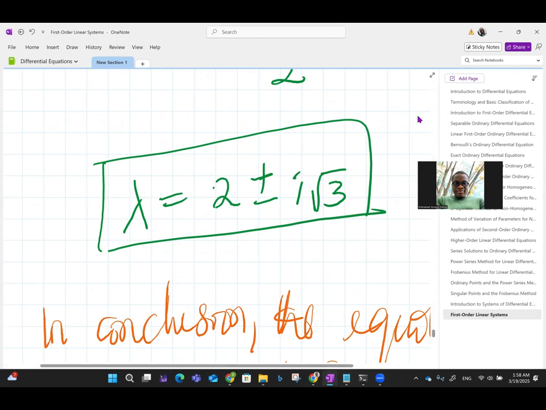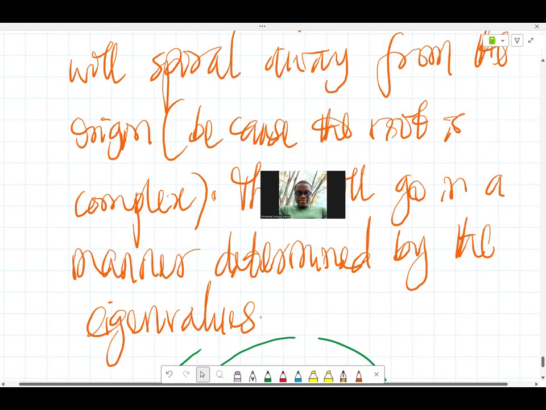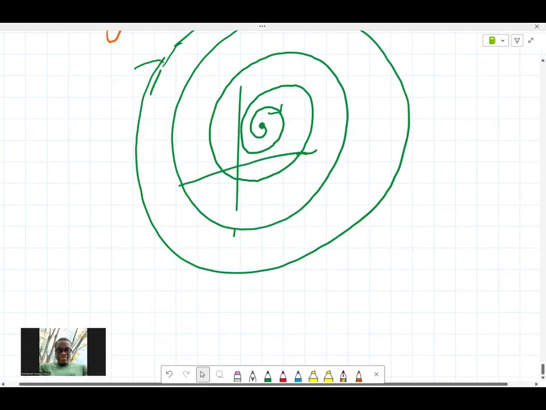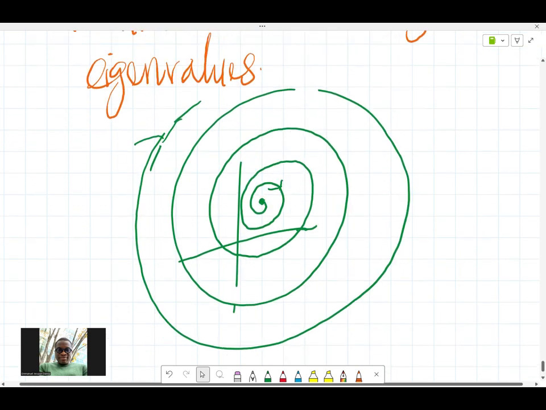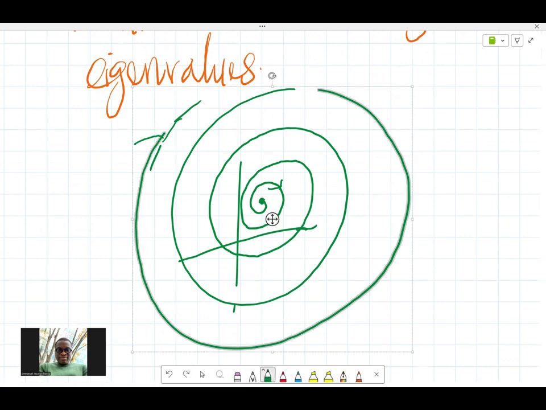So with this and the Python, we have justice done to the whole concept of direction fields and qualitative behavior of solutions. We can have an idea of what is going to happen to a system by just knowing the eigenvalues.